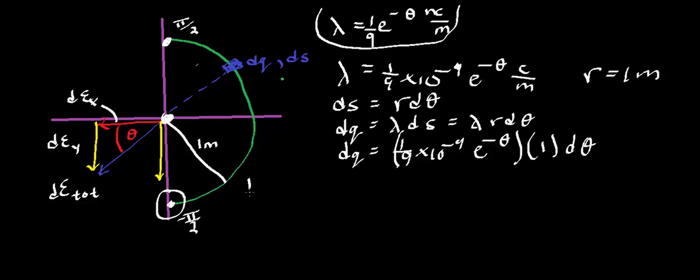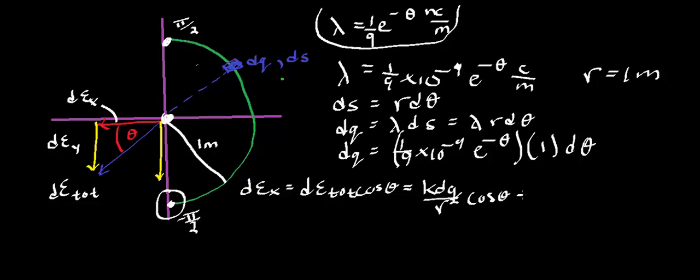Now I'm going to solve for my differential electric field element in the x direction. That's equal to the differential electric field total times the cosine of theta. We know that the differential electric field element is equal to k times dq over r squared, multiplied times cosine of theta.